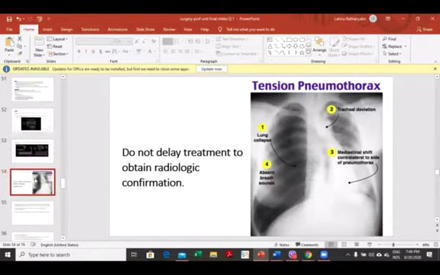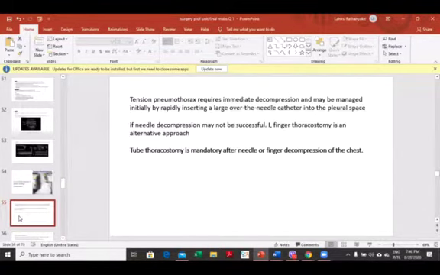And then the X-ray findings: you will get complete collapse of that side of the lung, tracheal deviation and mediastinal shift. But you should not delay the treatment to obtain radiographic confirmation. Then how do you manage after diagnosing?